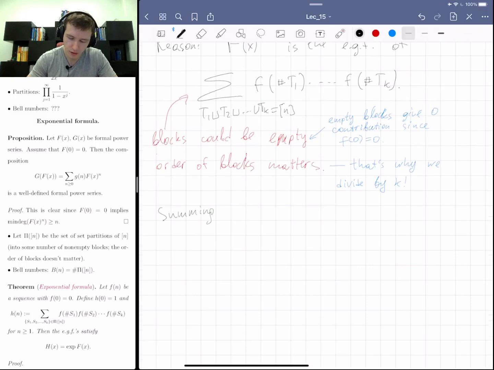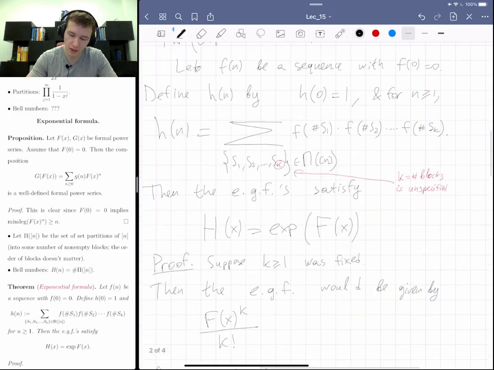Now if you sum over all k, you also have to include the case where h of 0, which we already defined to be equal to 1.